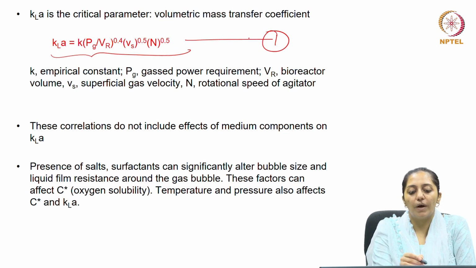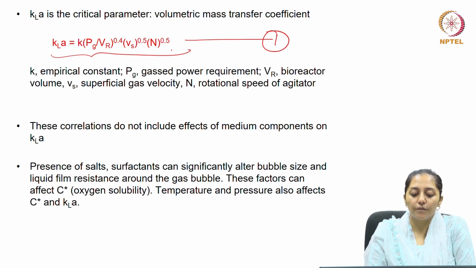So, your equation 1 is one such empirical relationship to determine the volumetric mass transfer coefficient. Now, if you notice, these relationships do not include the effect of medium composition.